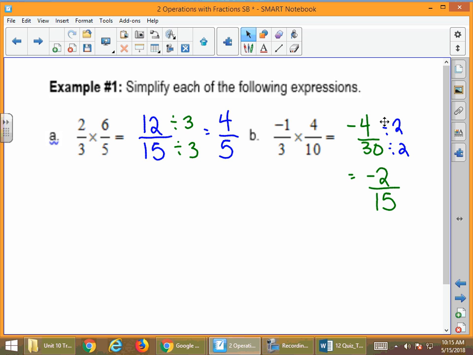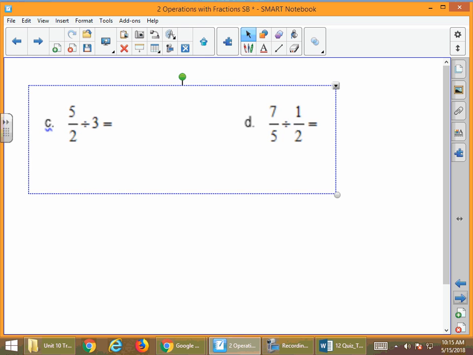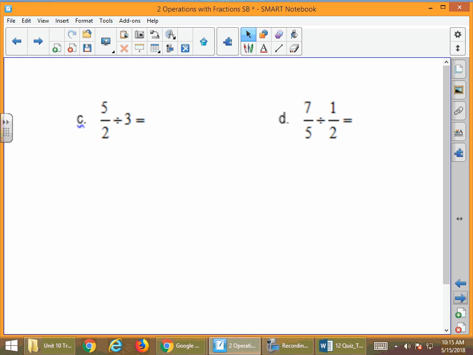And the nice thing about division is, if we know the little saying, when dividing, don't ask why, flip the second one and multiply, we're going back to multiplication. But on this particular problem, on letter C, it's 3/1.